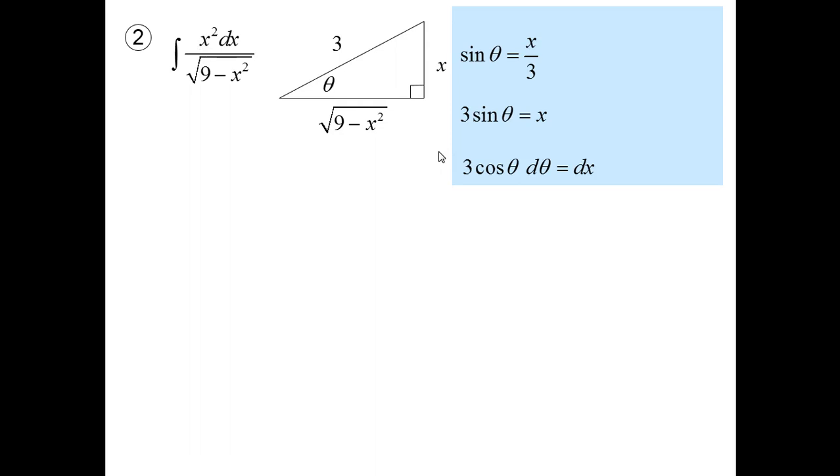We also need to come up with an expression for the radical. So if we use cosine theta, that is the square root of 9 minus x squared over 3, adjacent over hypotenuse. So the radical just turns into 3 cosine theta.